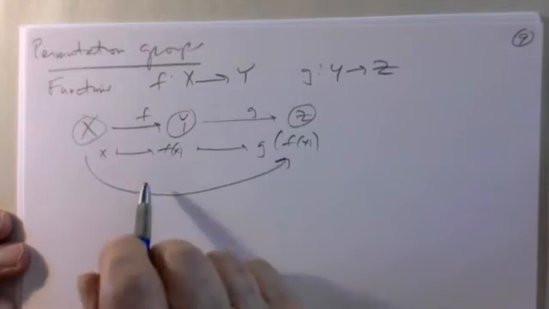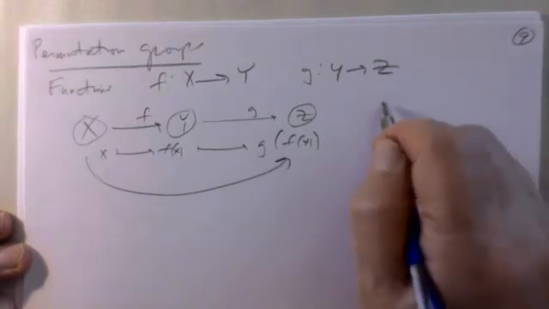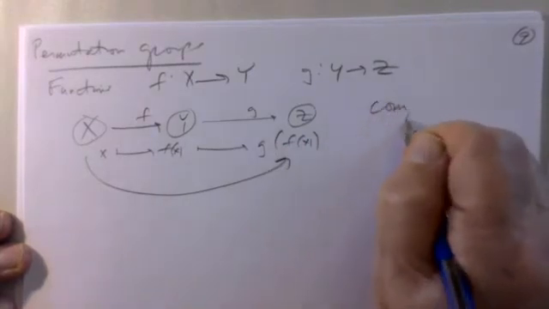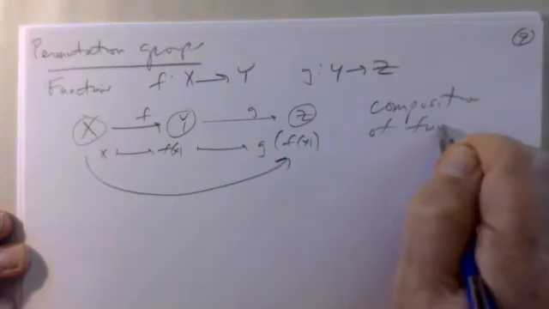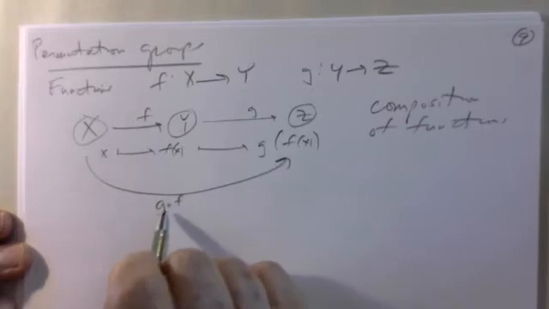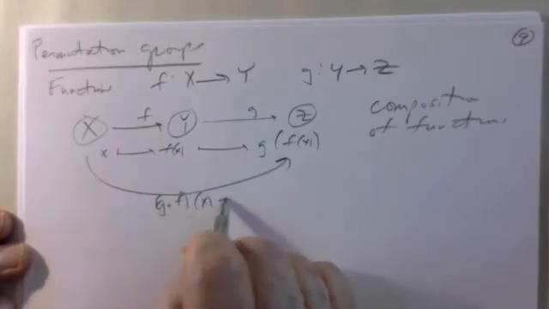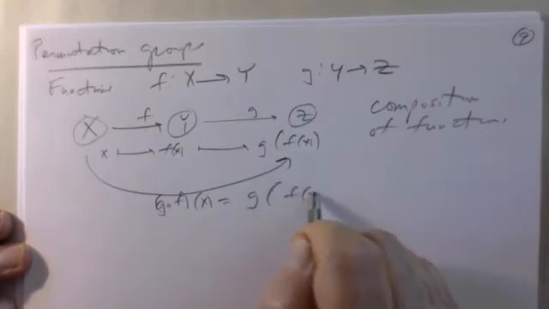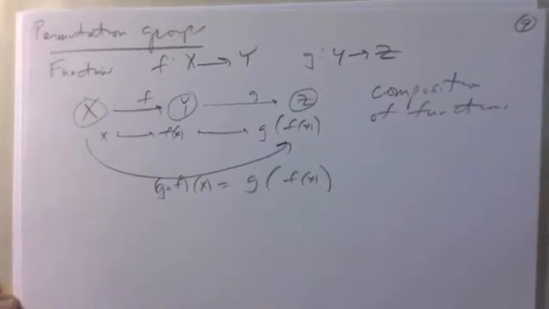And this operation of applying first the function f and then the function g is called composition of functions. Sometimes you write a little circle, g circle f of x is defined by this.